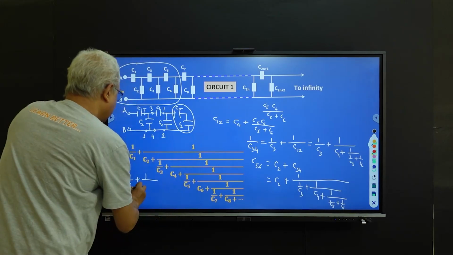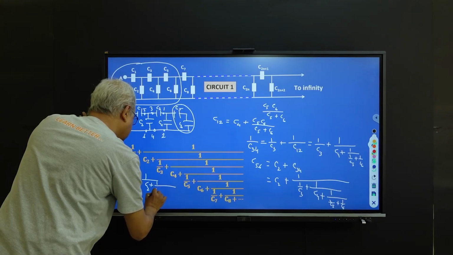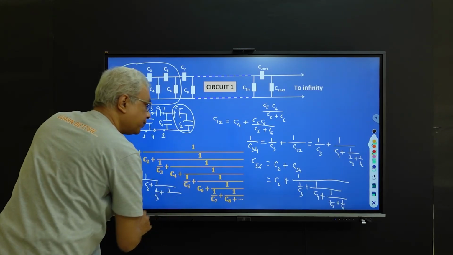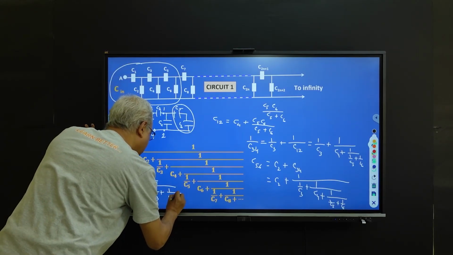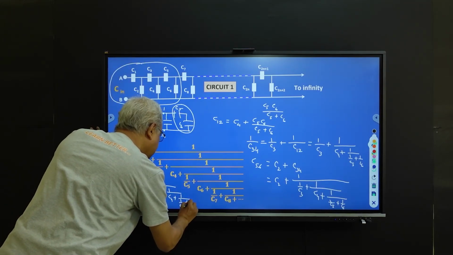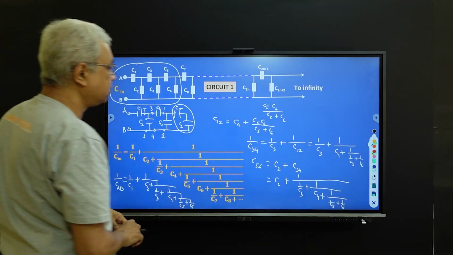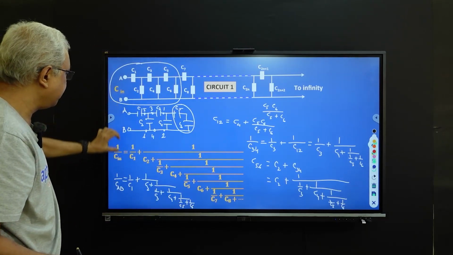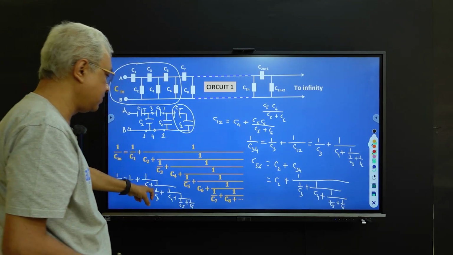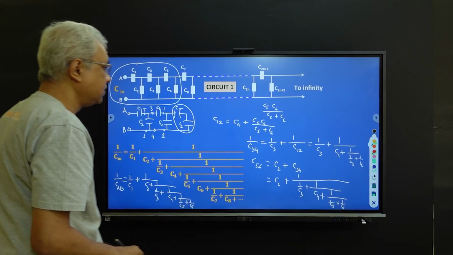C56 is this one, so it is C2 plus 1 by C3 plus 1 by C4 plus 1 by C5 plus 1 by C6. Okay, so the equivalent capacitance between A and B in this circuit is given by this expression.